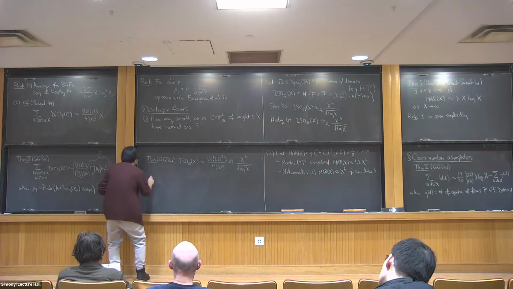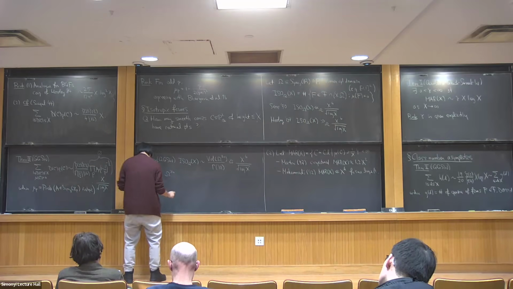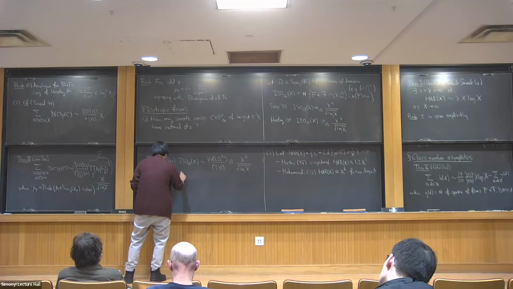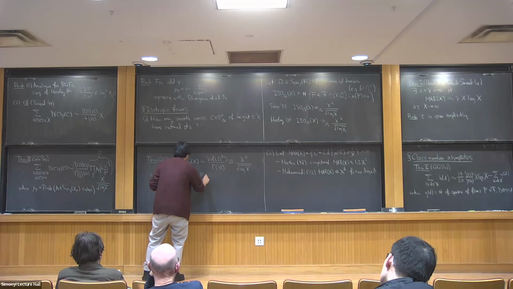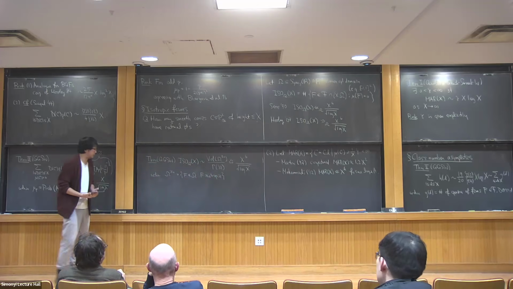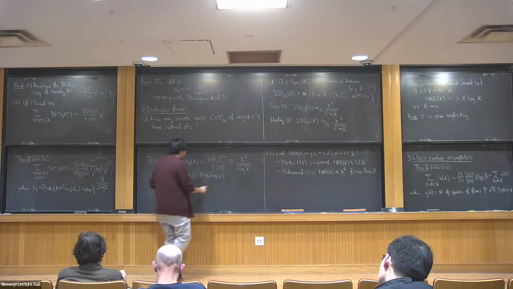And here, these are the local densities of isotropic forms, they're isotropic over R too.